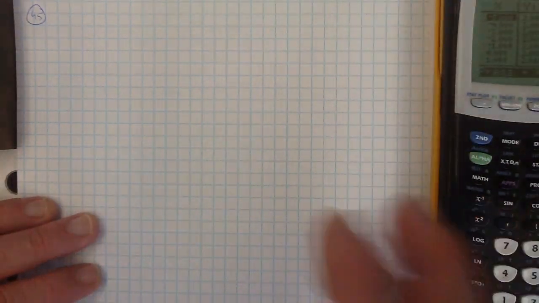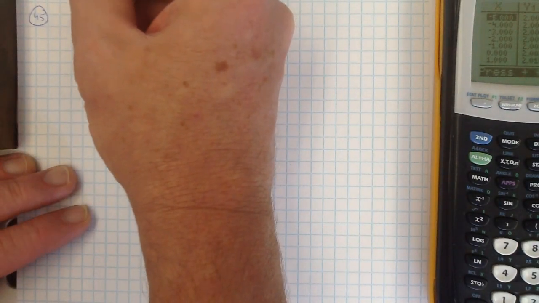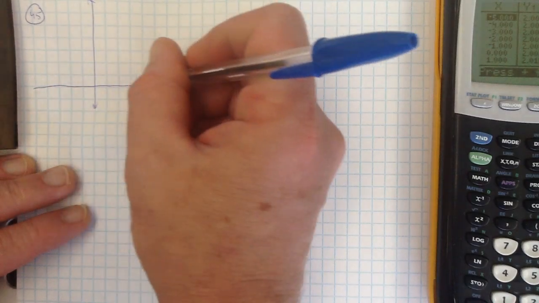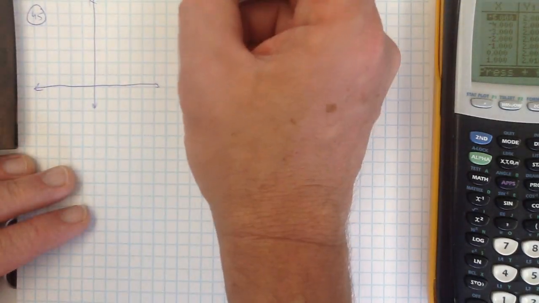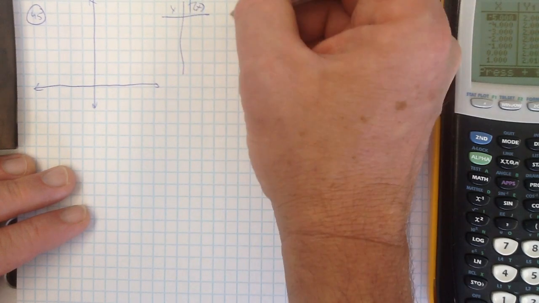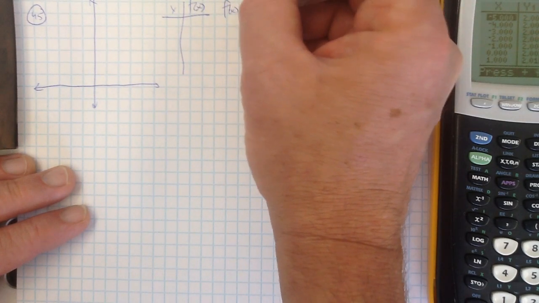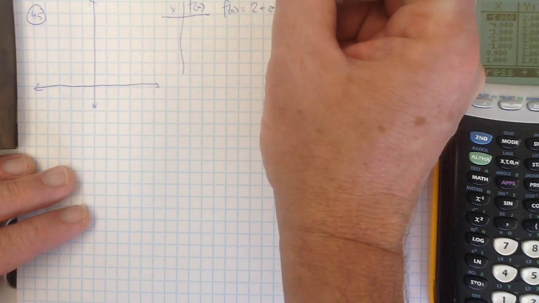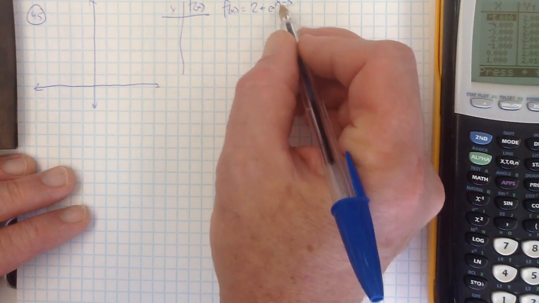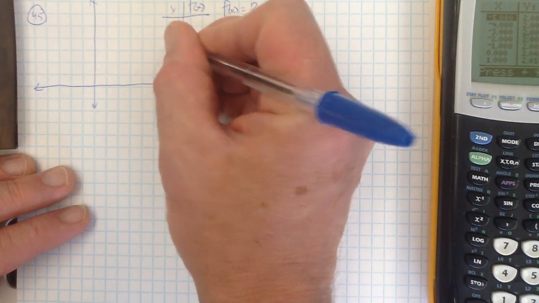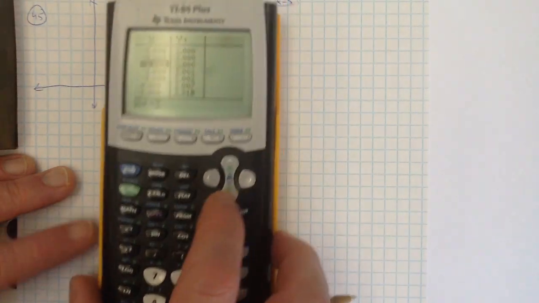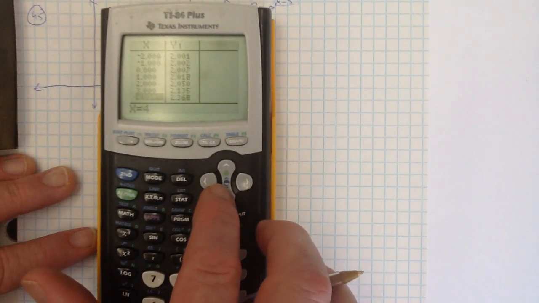The table, let me go ahead and get that set up here. Plus e to the x minus 5. So the 0 of this is 5, so that should be the middle of my table. So I'll do 4, 5, 6. Going to get to that part of the table.